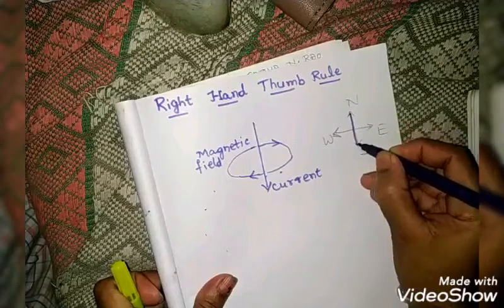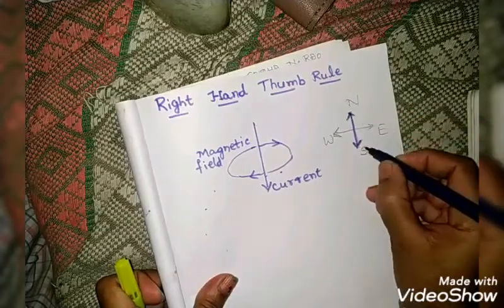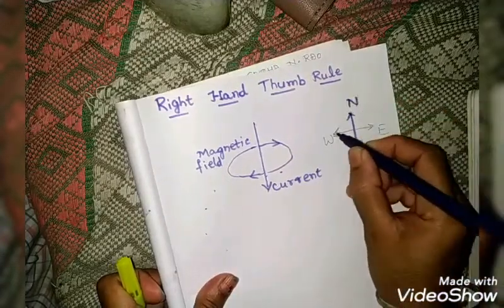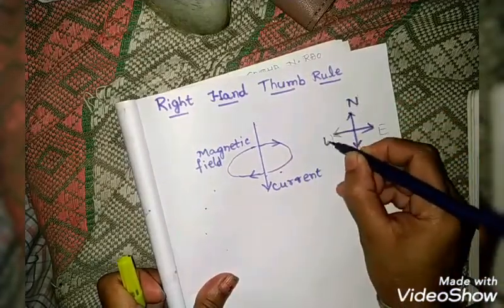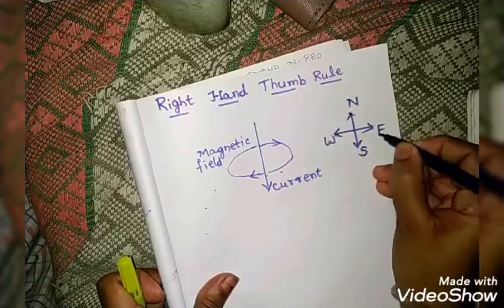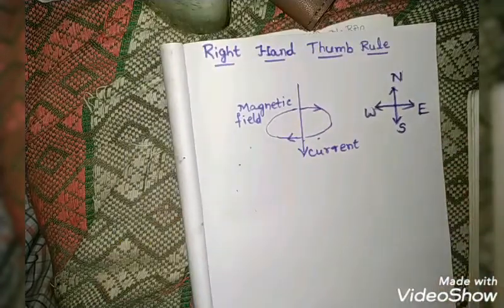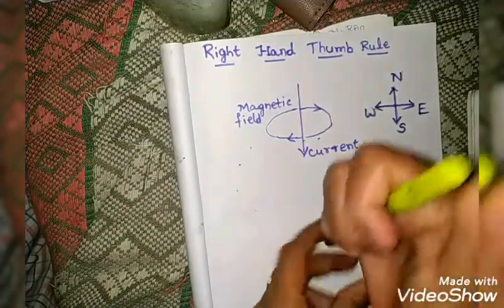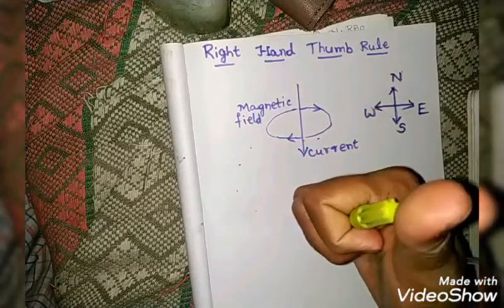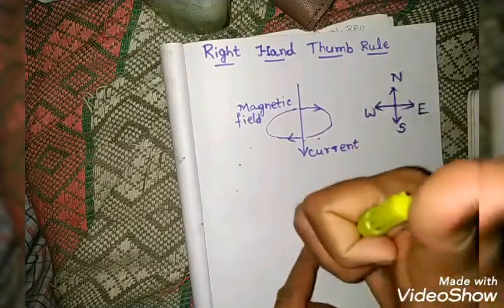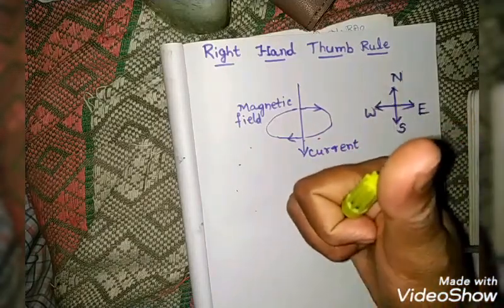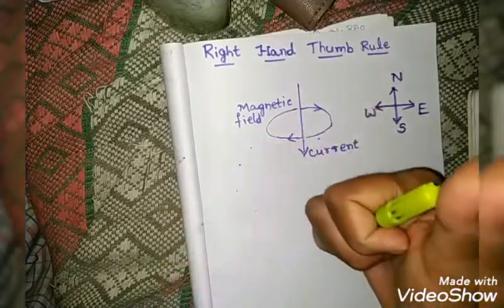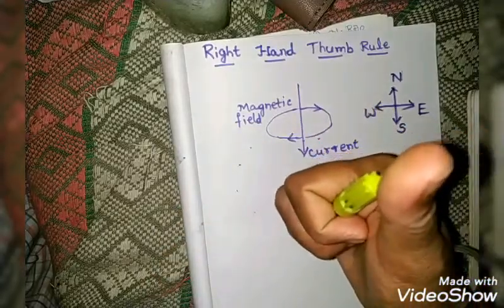You know that, isn't it? Here it is north, south, and here it is west and east directions, correct? West and east directions. Now, if you are holding like this, current is flowing from south to north. Can you see here? Observe, south to north.